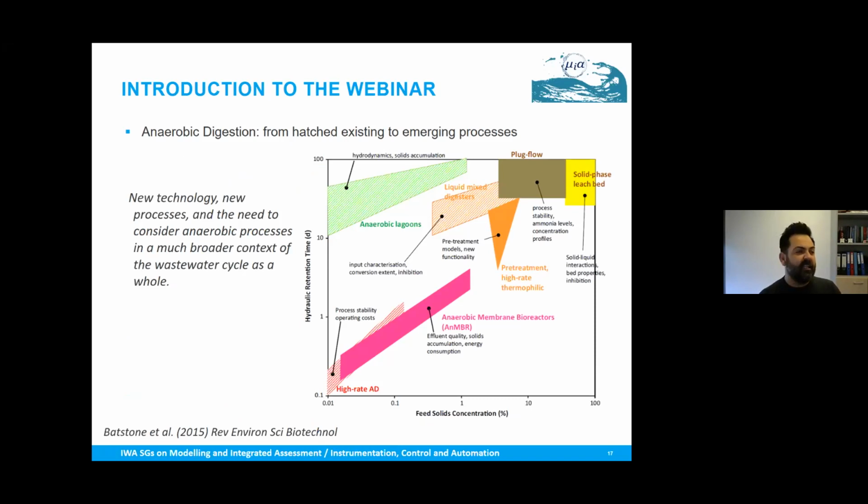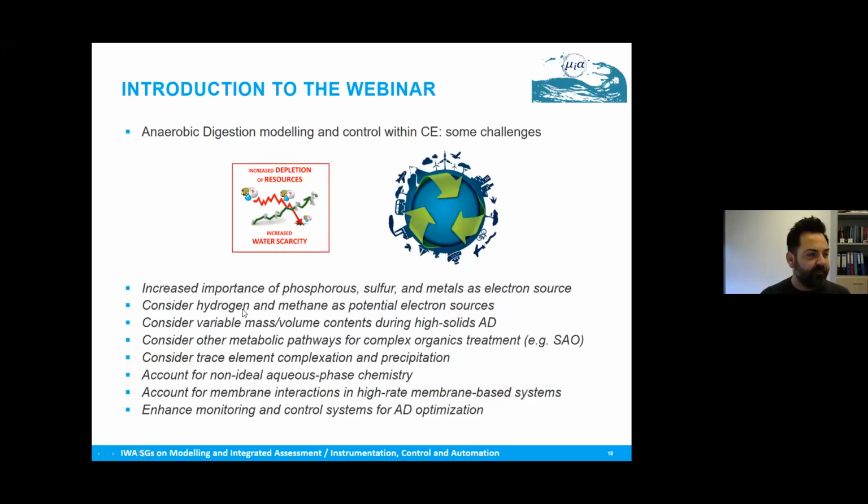And here we can see a picture, and I'm not going to go into detail because Demi and Aston will show it later. Just so you can see the wide range of applicability regarding the hydraulic retention time and the solids concentration of several technologies available in the market.